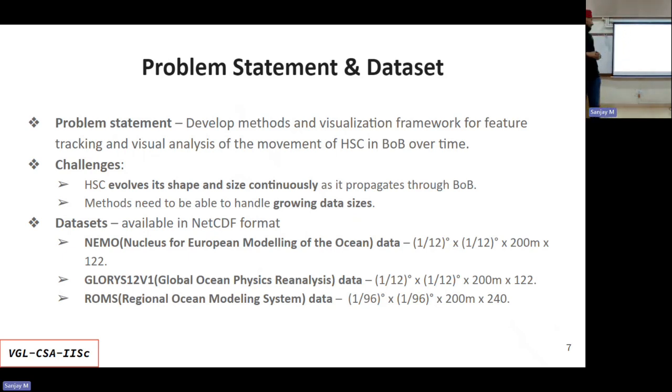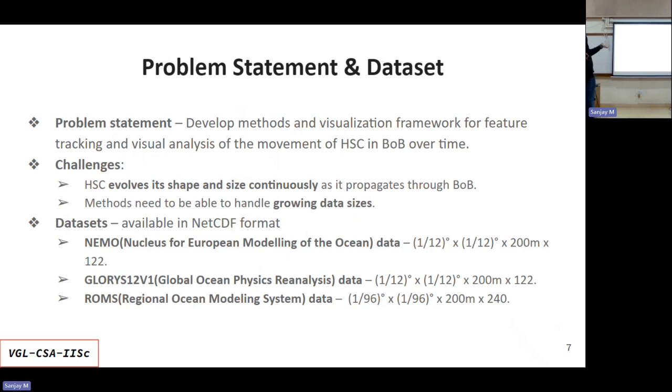The methods we introduce and the data sets we use for testing or doing case studies for these methods: we use three major data sets. One comes from NEMO, which is 1/12 of a degree across lat long and 200-meter depth, and we use 122 time steps. That's the size of data.